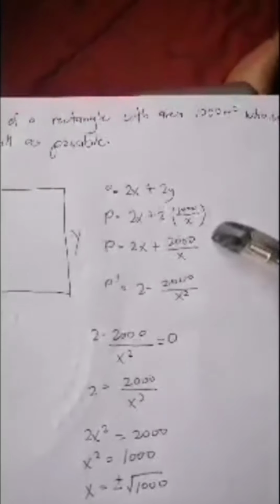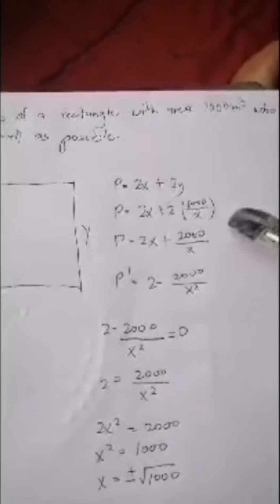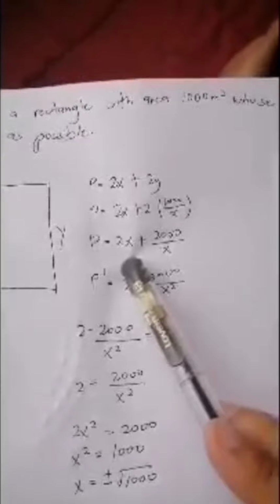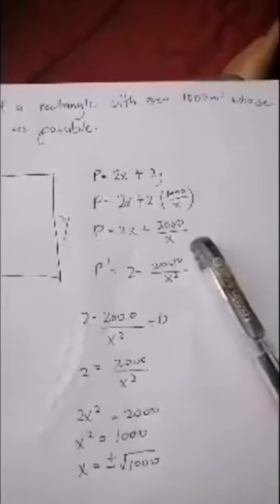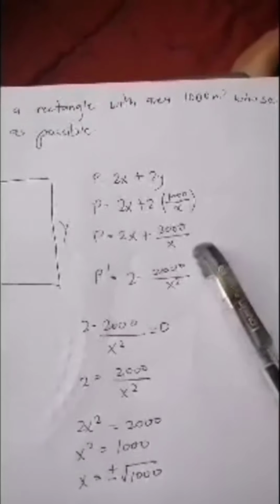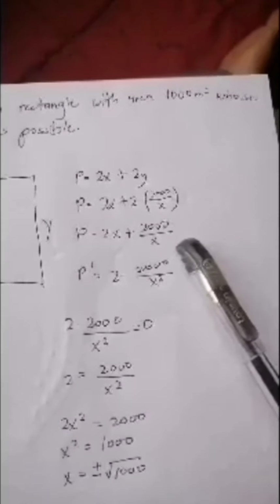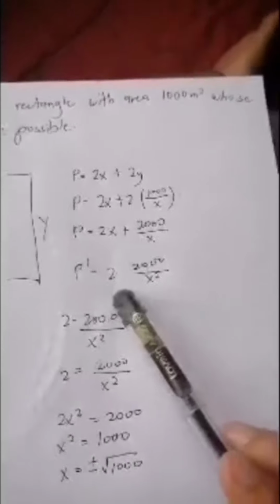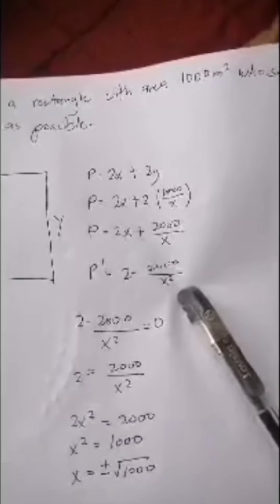So the perimeter is 2X plus 2000 over X. Now we need to take the derivative. The derivative is 2 minus 2000 over X squared.